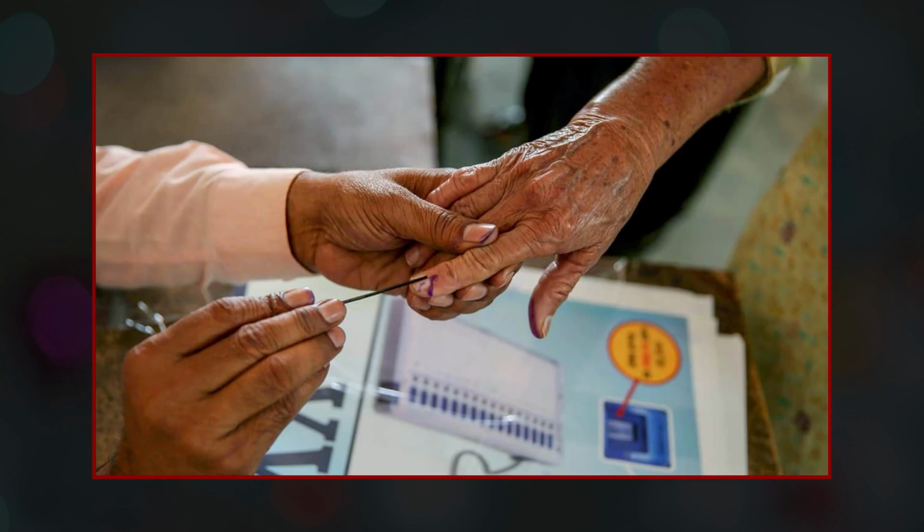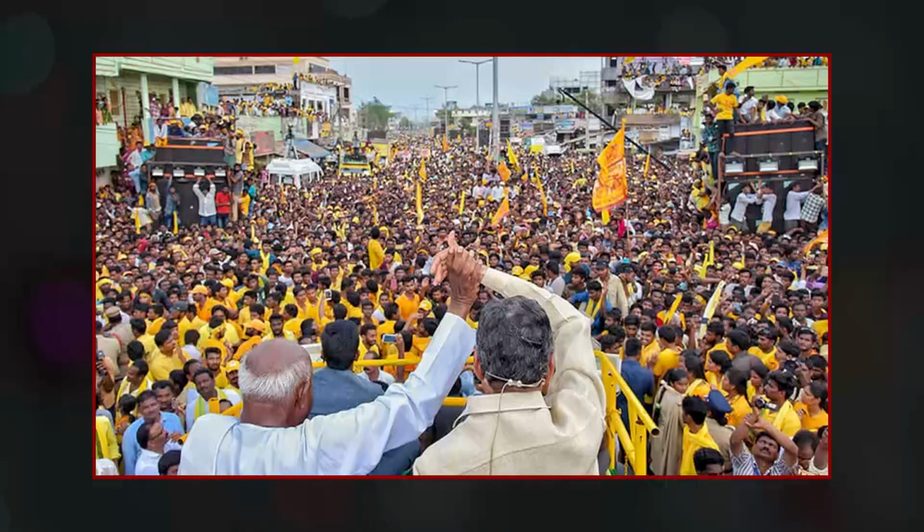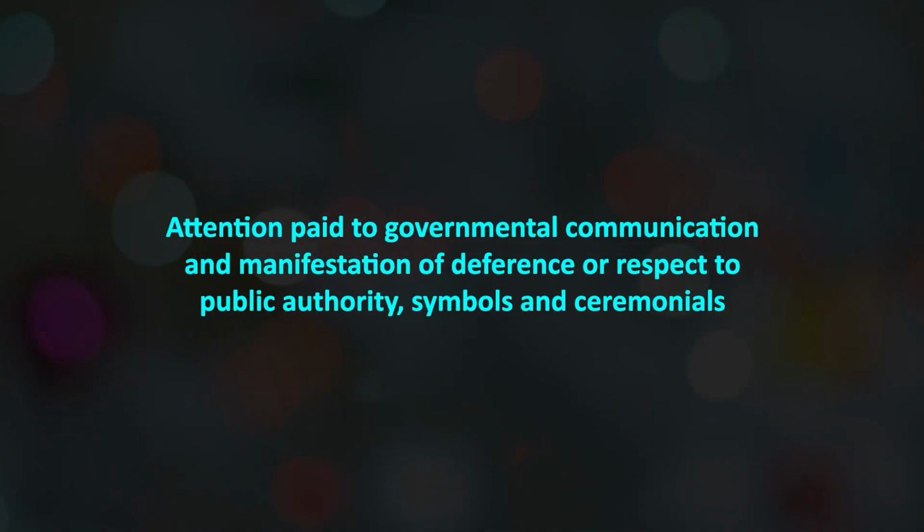Third, participatory support such as voting, political discussion, and other forms of political activities. And fourth, attention paid to governmental communication and manifestation of deference or respect to the public authority, symbols, and ceremonials.